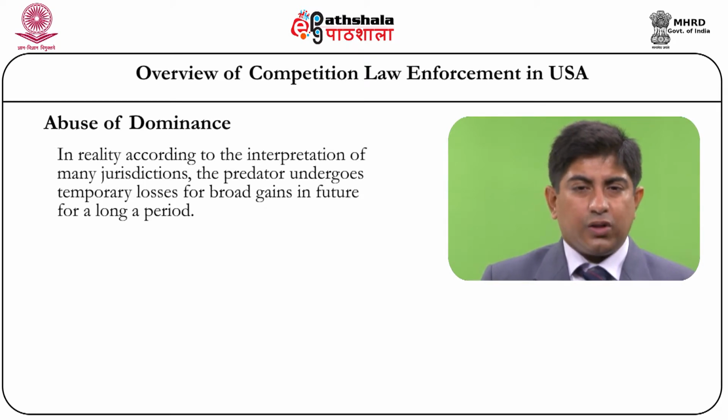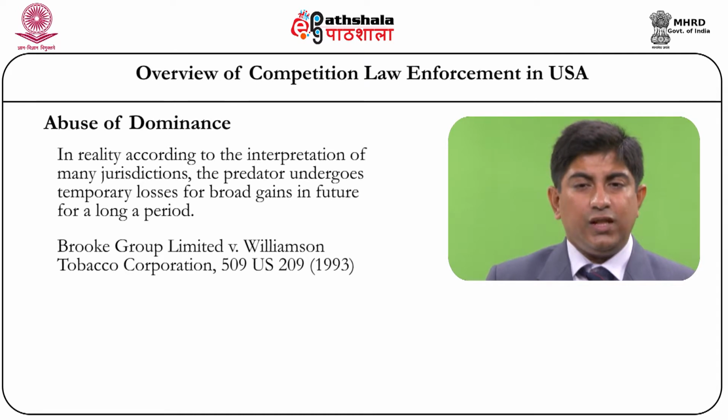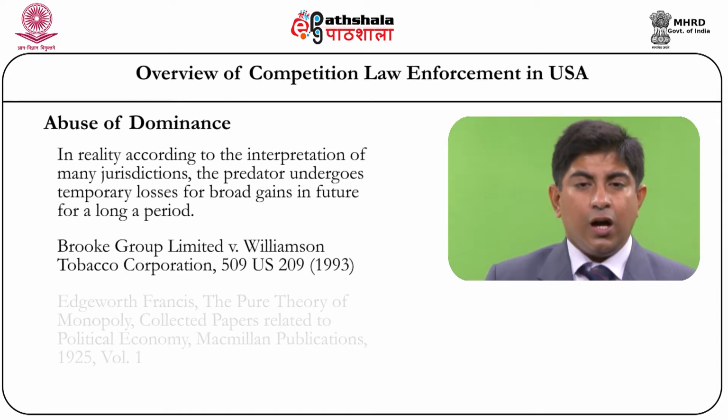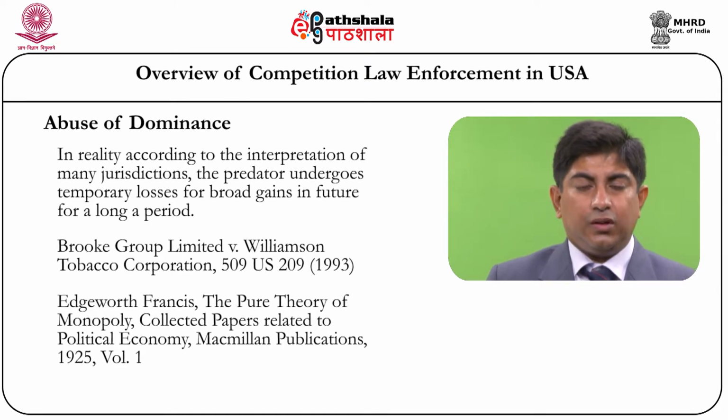There is a plethora of decisions in the United States, like Brooke Group Limited versus Williamson Tobacco Corporation. Edgeworth Francis had mentioned this in the theory of monopoly sometime back in the literature.